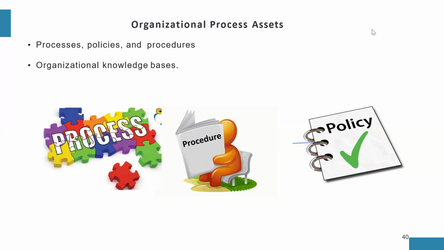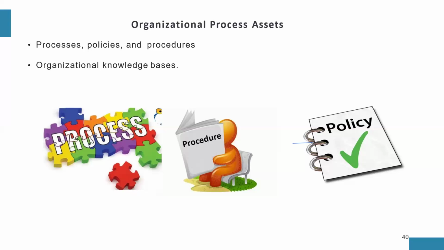For example, if your project is in the oil and gas industry, there are some safety policies that will affect your project. Or if you're thinking about the kind of reward you should give to your team members, your company's compensation policies can drive how you reward your project team members, which means that the organization's processes, policies, and procedures still affect our projects.